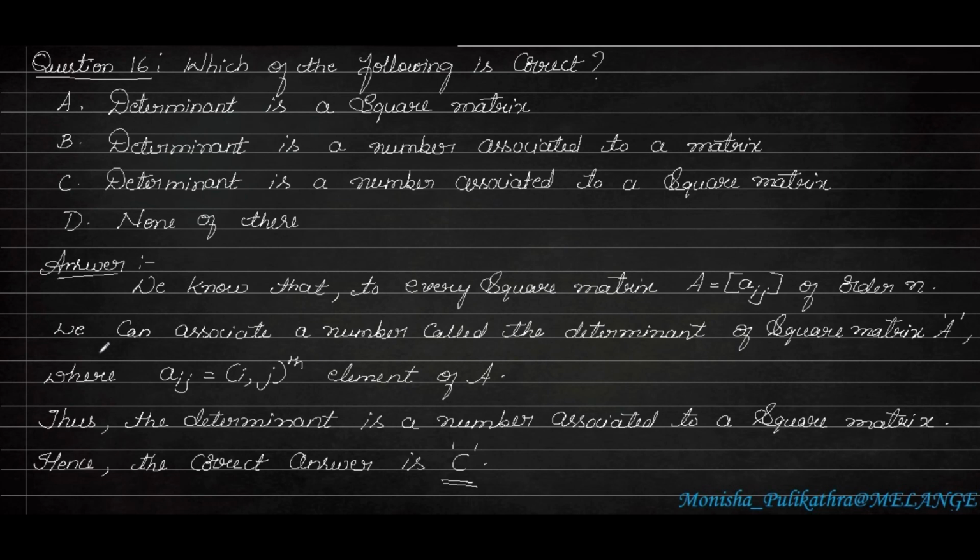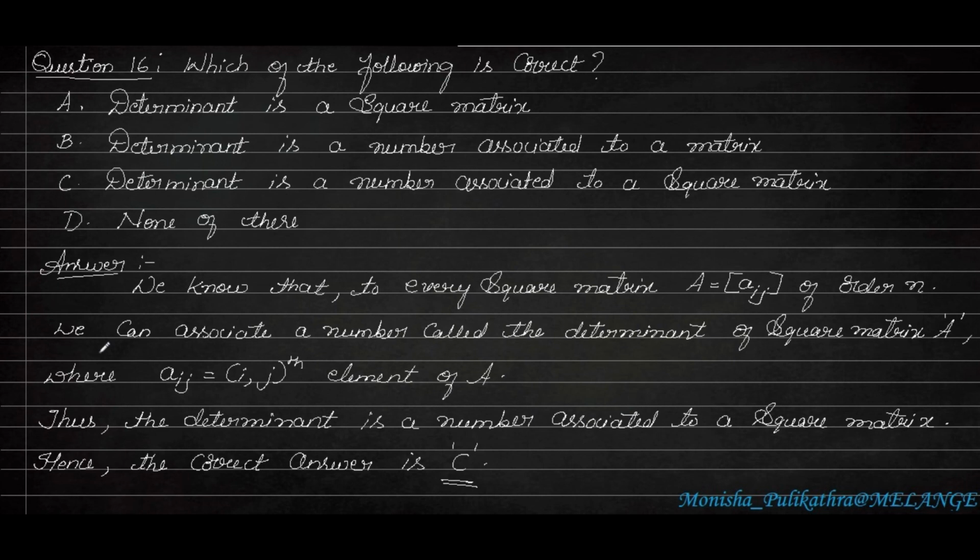Here we have to know one concept of the determinant. We know that to every square matrix A equal to Aij, where i is the row number and j is the column number, of order n, we can associate a number called the determinant of the square matrix A, where Aij is the (i, j)th element of A. So Aij is a particular number which belongs to this row and this column, right?